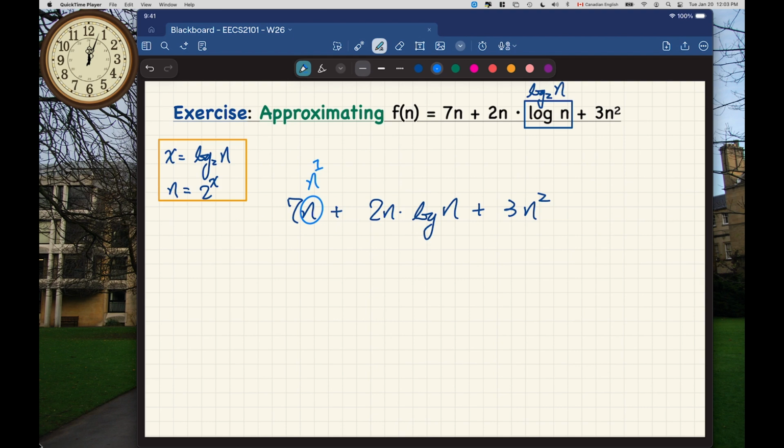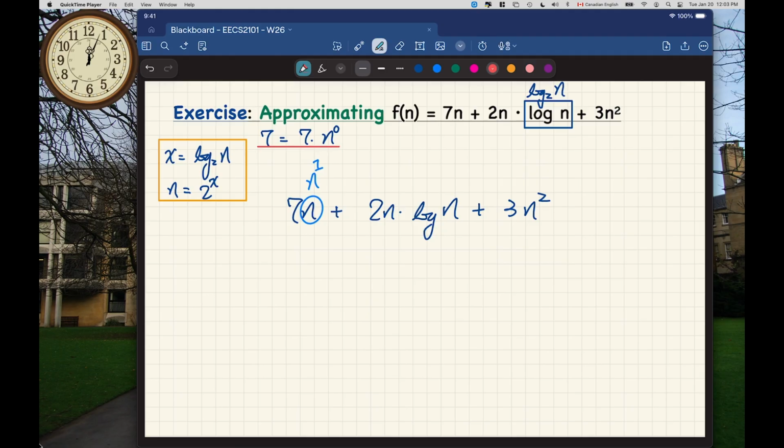And by the way, if I simply got 7, 7 would be as if you wrote 7 times n to the power of 0. Sometimes writing these explicitly will also help on identifying the pattern. Okay, I'll just put it here as a side note. We'll see that a little bit later.